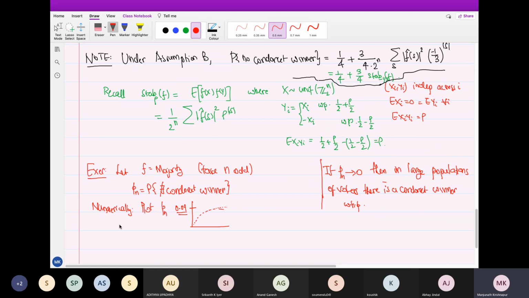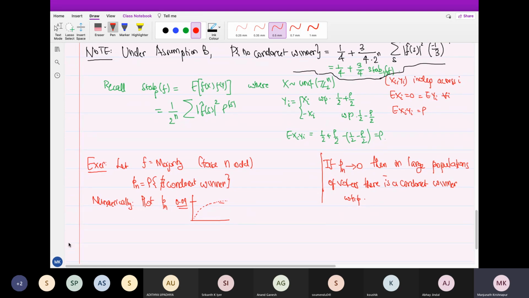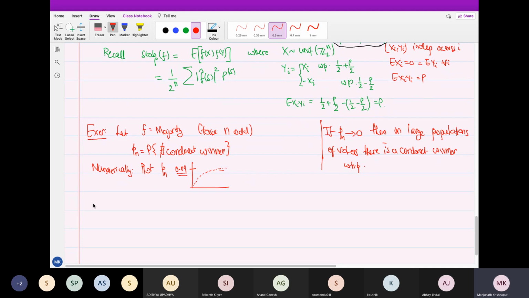Anyway, the next exercise is to do it analytically, to show that Pn in fact converges to, let me just check the number. In my notes I have written it. It's again a calculation one can do, but that requires a little more thinking. I will tell you what it is.